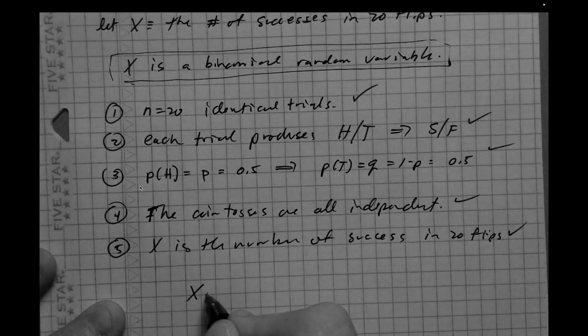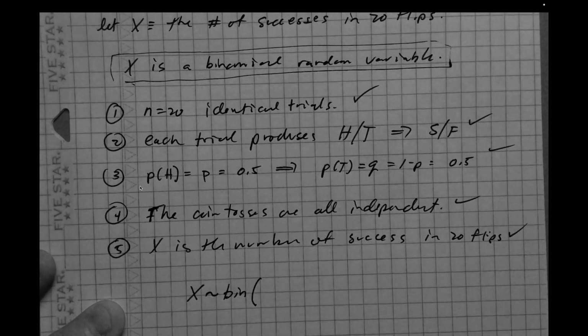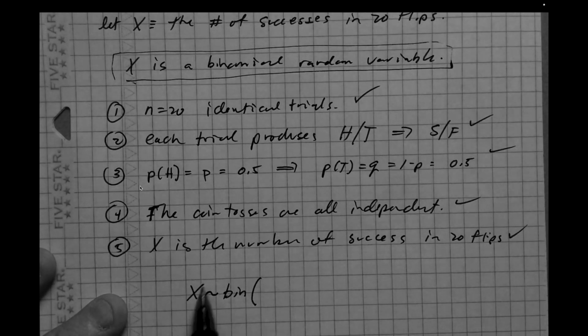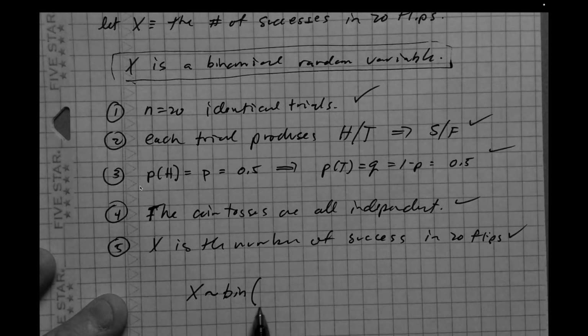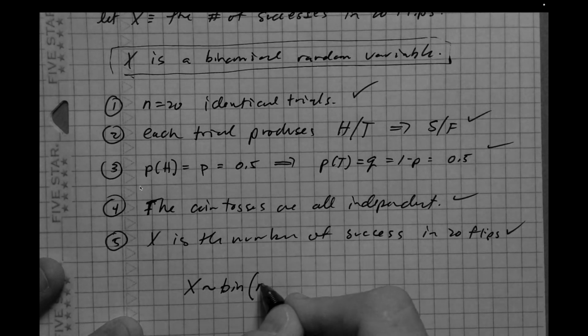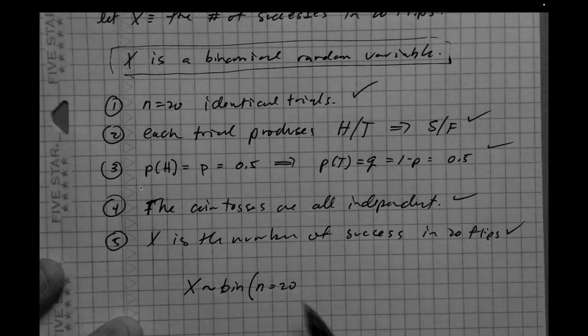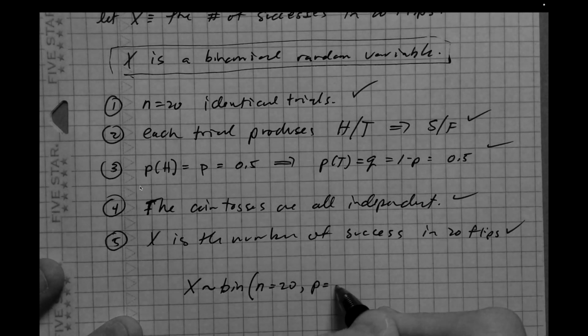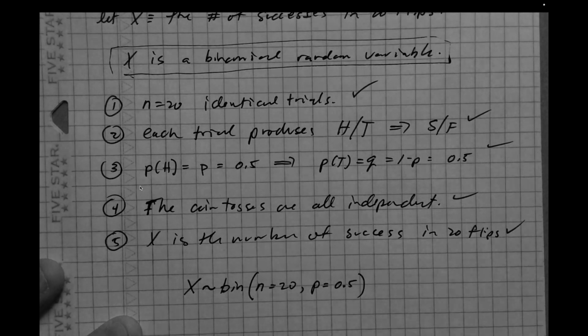We'll write x is distributed binomial, B-I-N, and then list the parameters that are of importance here. With the binomial distribution you need to know the number of trials, in this case 20, and the success probability, in this case p equals 0.5.